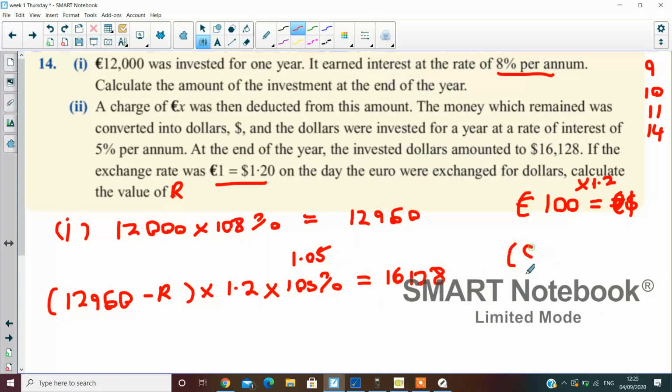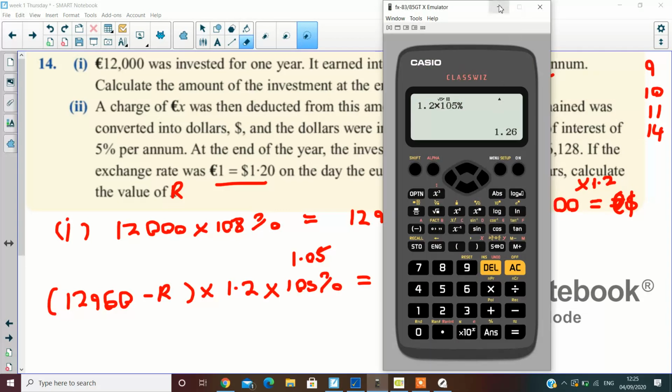Ryan, I think what your question is, if I have 5 multiplied by 2 multiplied by 3, I don't have to do 5 by 2 first. I can do 2 by 3 first. I can do it any order I want. Okay, so I'm going to go for 1.26.